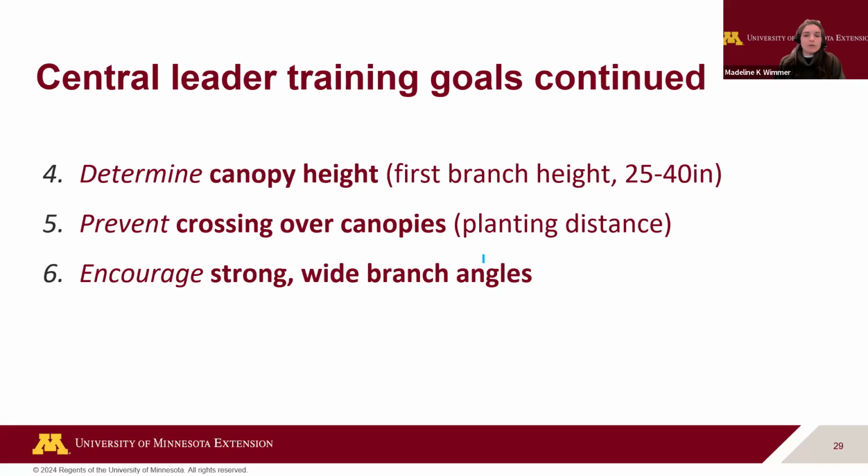Additionally, you may think about where you want to start your canopy height and remove any branches before the height of your first set of branches. If you have multiple trees next to each other, you want to be thinking about your planting distance and whether canopies might cross over each other. And we're going to be encouraging strong, wide branch angles.